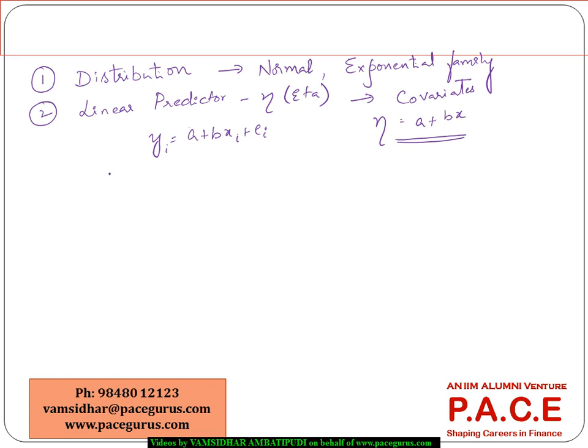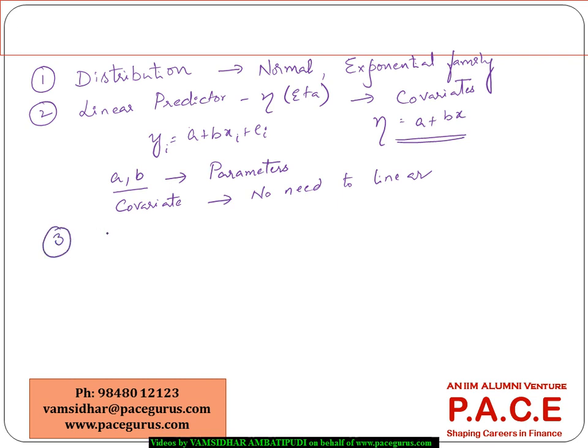Here it is linear in the parameters a and b, not in the variables. So the linear predictor should be linear with respect to the parameters a and b. With respect to the covariates, it need not be linear. So that's one kind of a function that we have to establish.